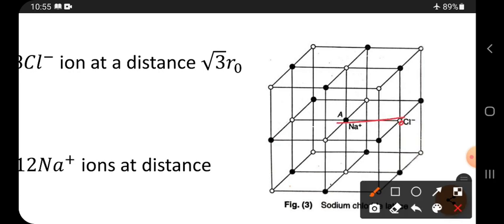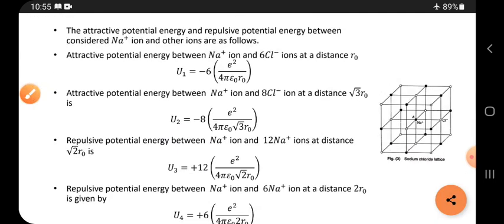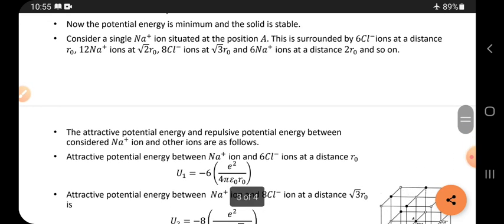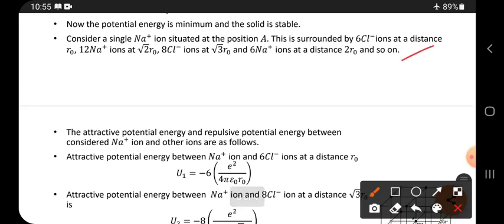From face to center. Okay, so this side one more cube is present, that is also from face to center, it is r naught, r naught, total 2 r naught distance. Okay, and so on means if many cubes are present, then we can easily calculate for all of them.